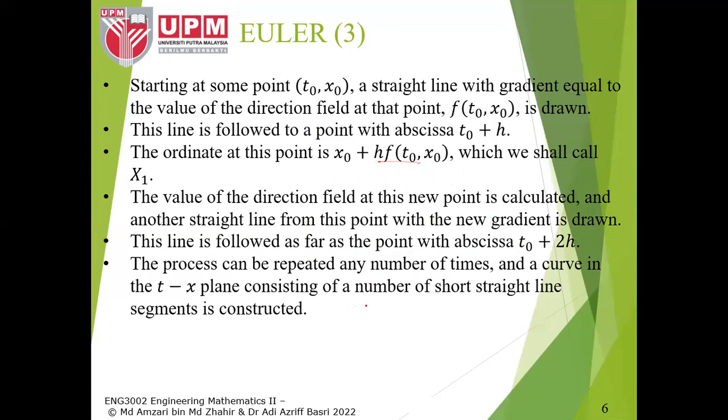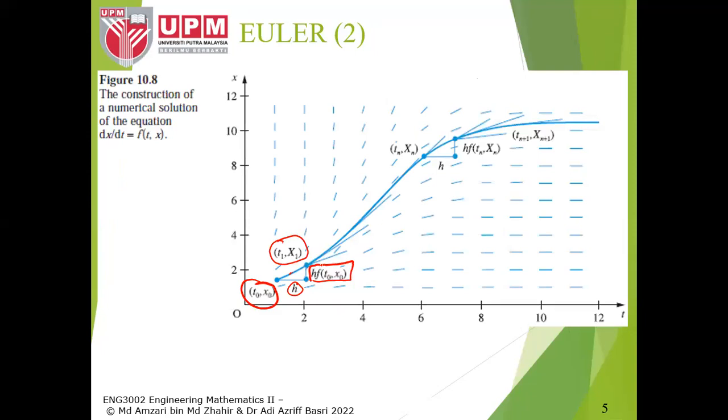If you want to find the second point, there will be 2h here, so 2h times f of t node, x node, and you will find a new point t2, x2 with its tangent.